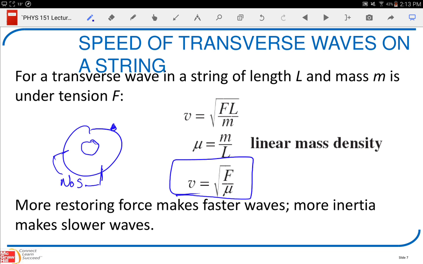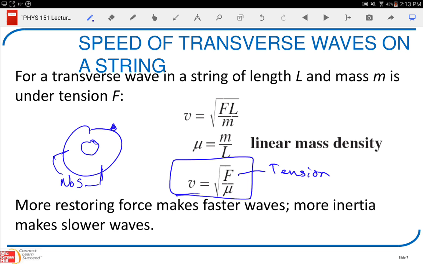Now we can think about this. I'm sure there are a number of people in here who play string musical instruments. String instruments have different types of strings. Some strings are thicker than others. Why would you want strings thicker than others? So you can have similar tensions for different speeds.